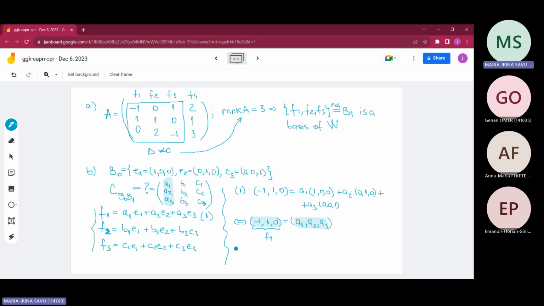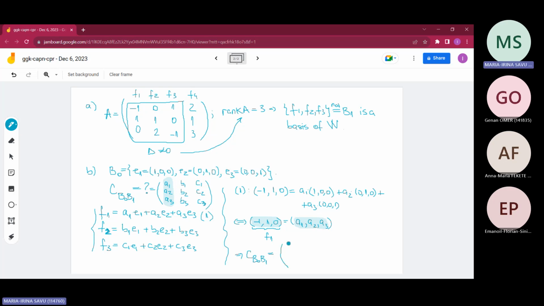So your matrix from B0 to B1 will be equal to the part of the matrix A with the first 3 columns.